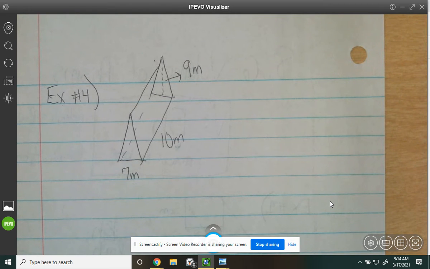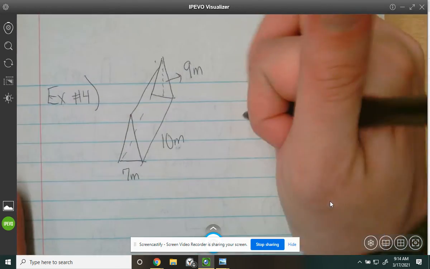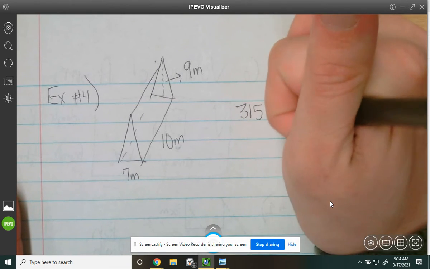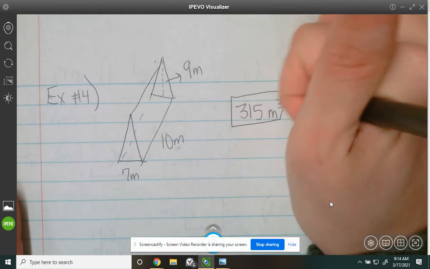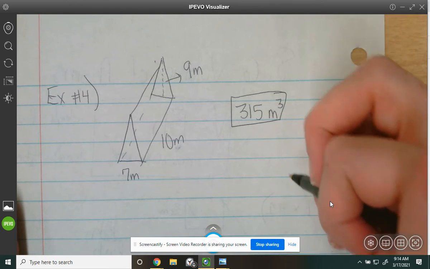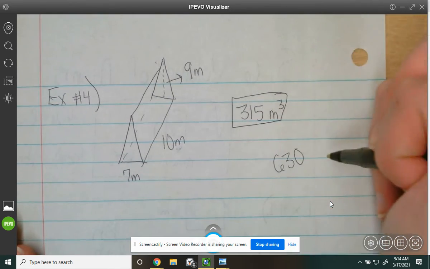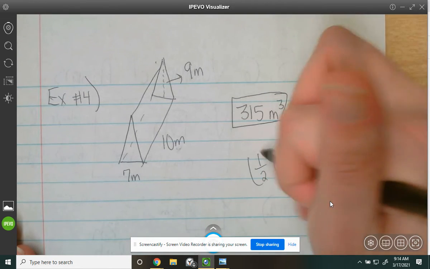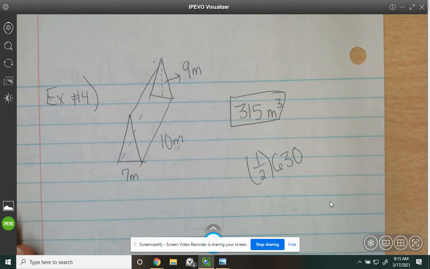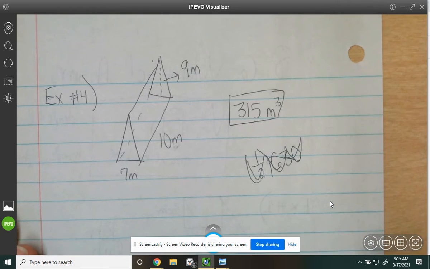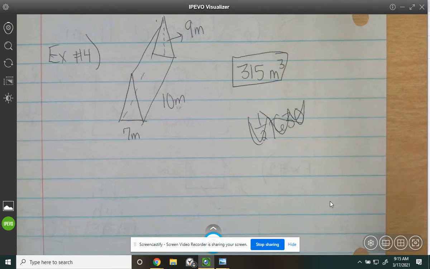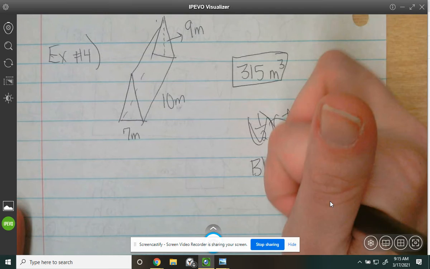Okay, so find the volume of this. It should be 315 meters cubed. If you got 630, you forgot your 1/2. So multiply that by 1/2 or divide by 2 to get that. If you didn't get either one of those numbers, then watch. If you did, you're done. You can X it out.